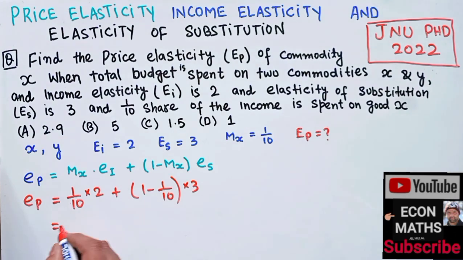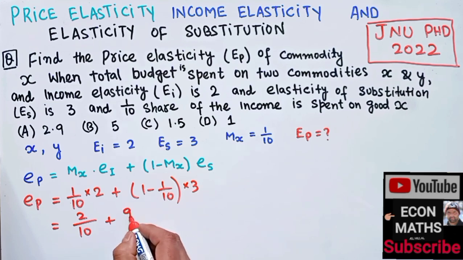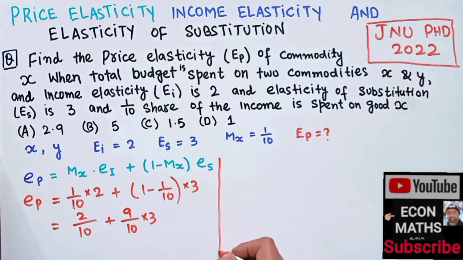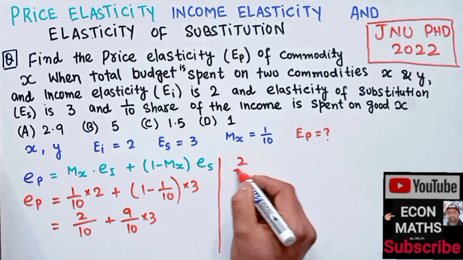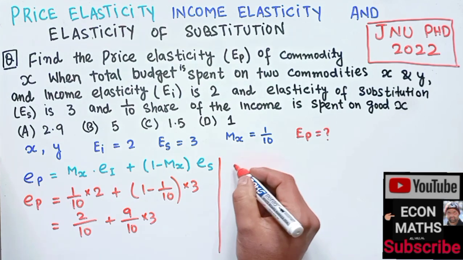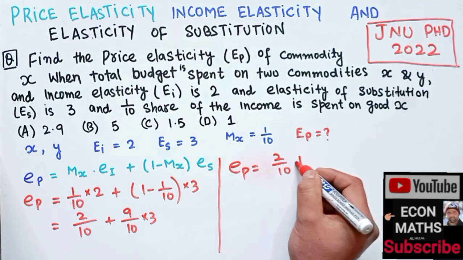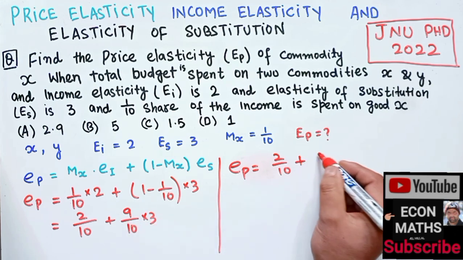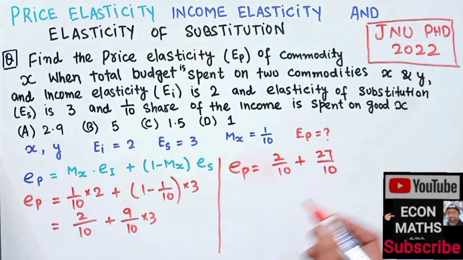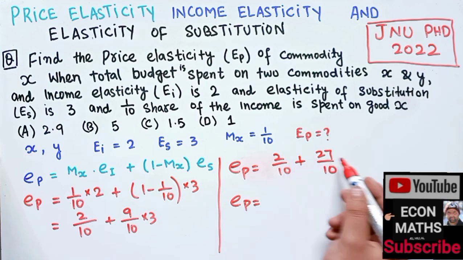We solve this, it becomes 2/10 plus 9/10 into 3. So price elasticity will be equal to 2 upon 10 plus 9 threes are 27, 27 upon 10. So price elasticity will be equal to, denominators are same, we can add up the numerators.